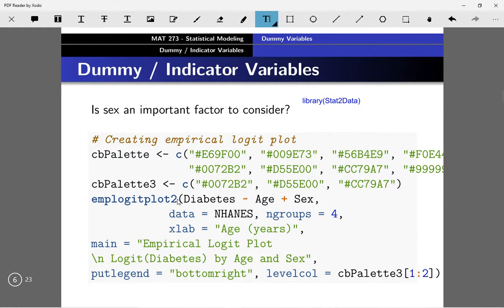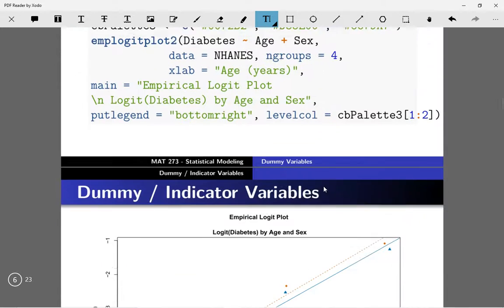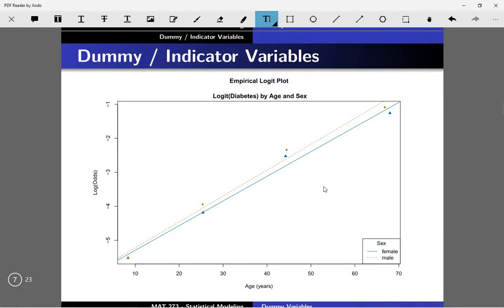This emplogit2 function, the 2, allows us to look at the relationship between the log odds of something and a continuous predictor, but then also stratified by a categorical variable, which here is sex. So looking at this, it's a pretty cool plot. It allows us to look at the relationships of several variables at once.